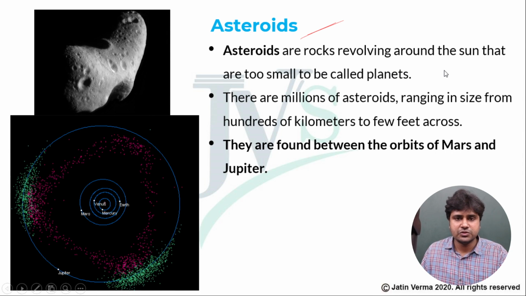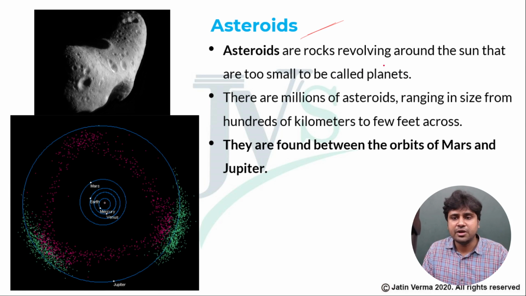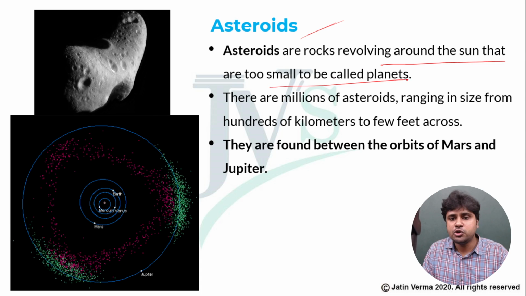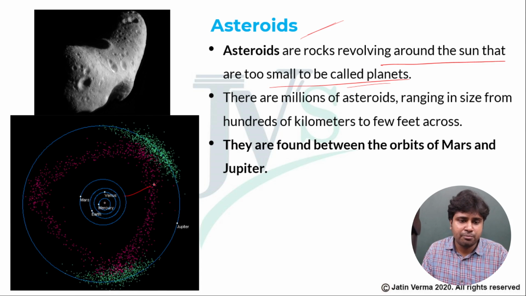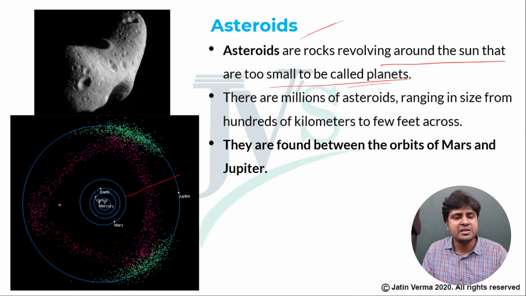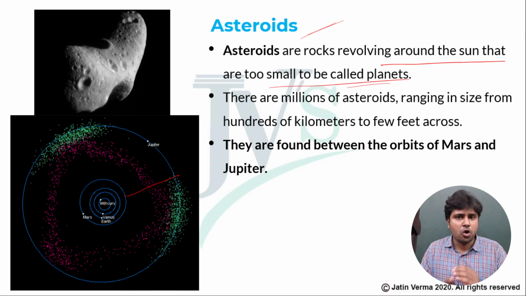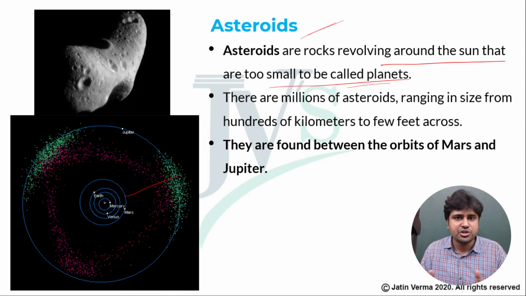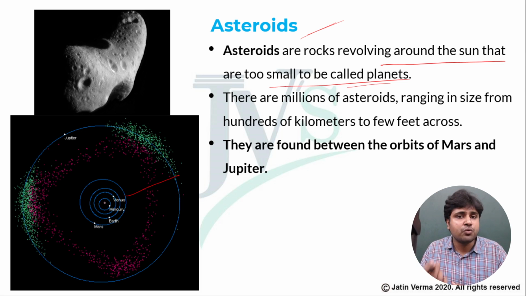Yes. So, what are asteroids? Asteroids are rocks revolving around the sun that are too small to be called planets. Between the orbits of Mars and Jupiter, you have millions of asteroids revolving around the sun. These are rocks. They are not large enough to be called planets, or even dwarf planets.